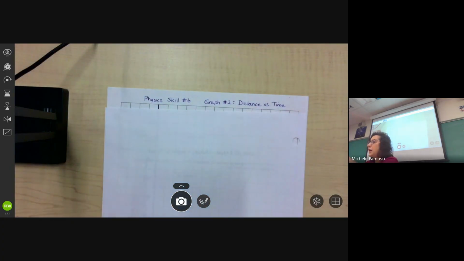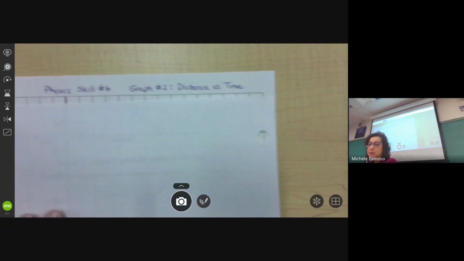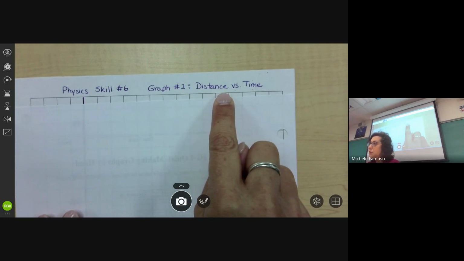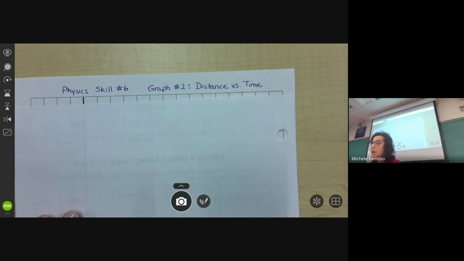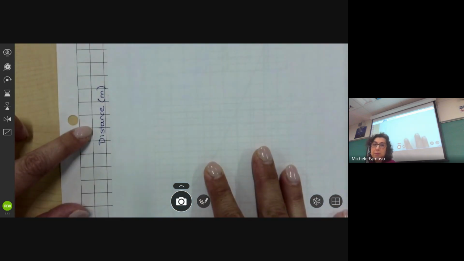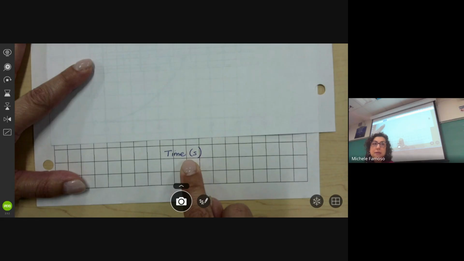All right, the next graph, the title should be distance versus time. So let's make sure that is the title you have on your second graph, distance versus time, not time versus distance. We need distance in meters on the vertical axis. We should have labeled time in seconds on the horizontal axis.